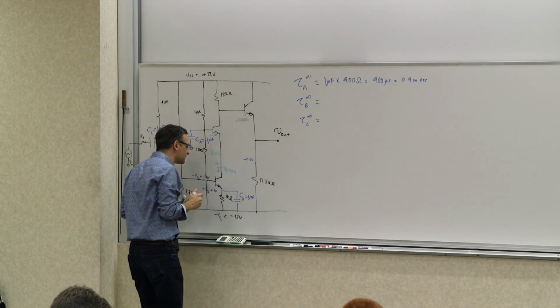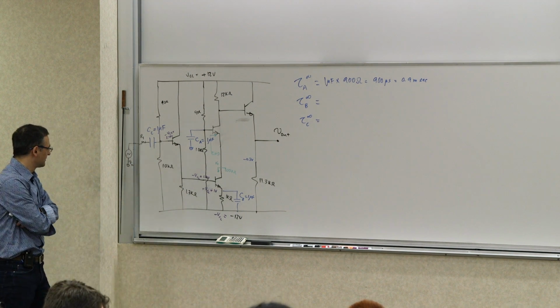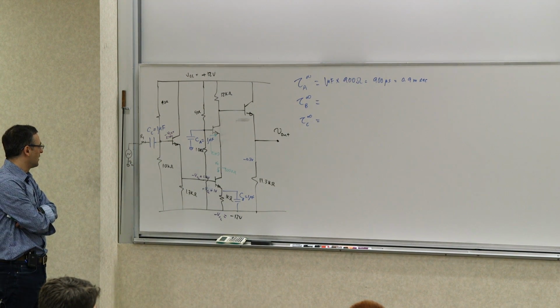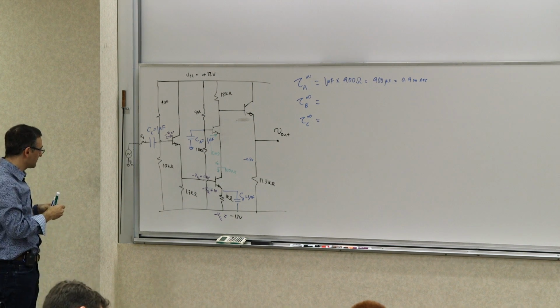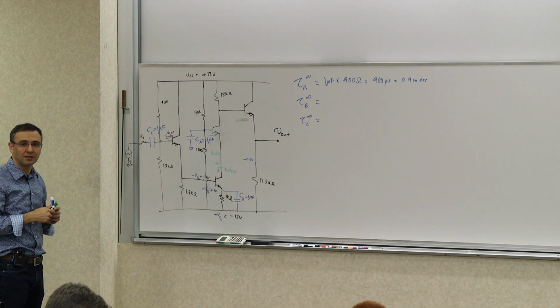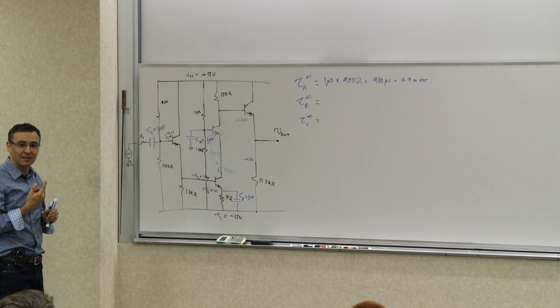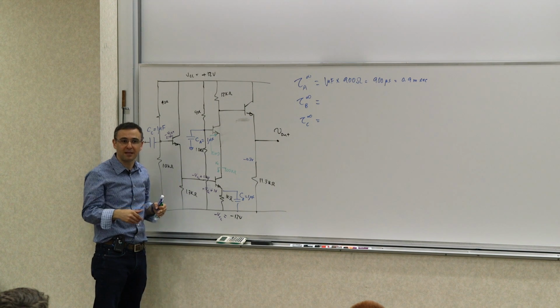How about tau B? What is the resistance seen by CB? Well, for this calculation, you have the 1 kilo ohm, obviously, and you have the resistance seen looking into the emitter. What is it? Well, there's an alpha Rm there, plus whatever is in the base reflected into the emitter, divided by beta.